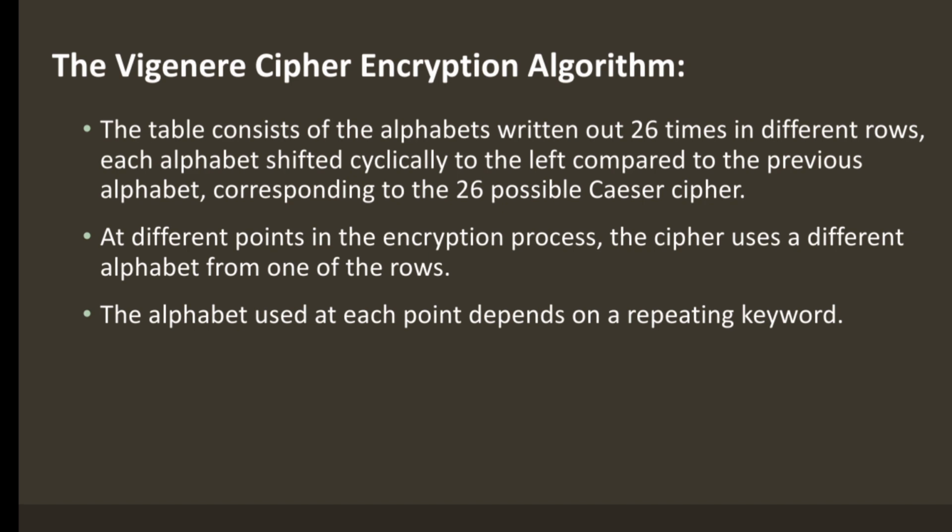Each alphabet is shifted cyclically to the left compared to the previous alphabet, corresponding to the 26 possible Caesar ciphers. At different points in the encryption process, the cipher uses a different alphabet from one of the rows. The alphabet used at each point depends on a repeating keyword. Let us see the example for this cipher.